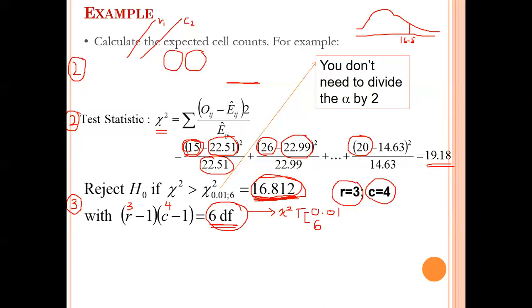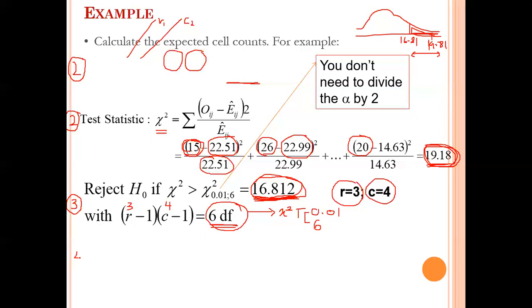And our test statistic is 19.18, so it is around here. So now we can see that it falls in the rejection region.